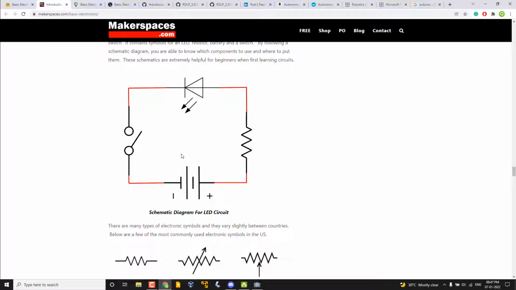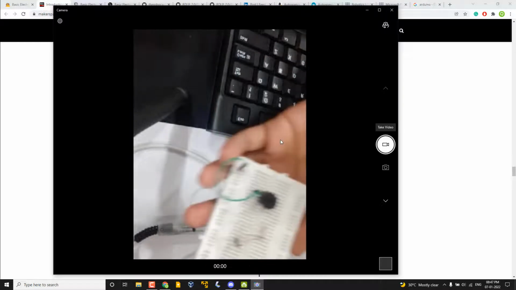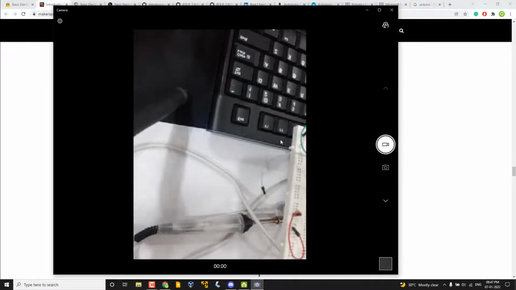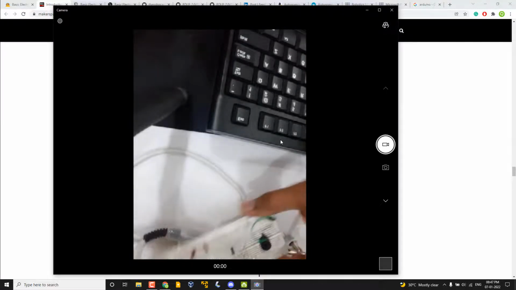And if you want to prototype any circuit, one of the best things that you can buy is a prototype board.